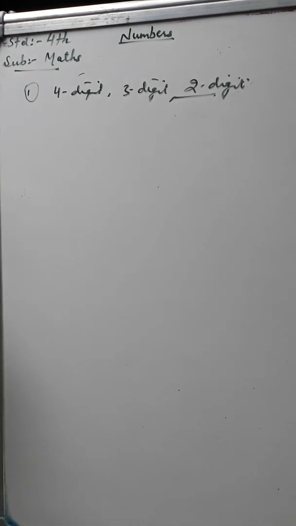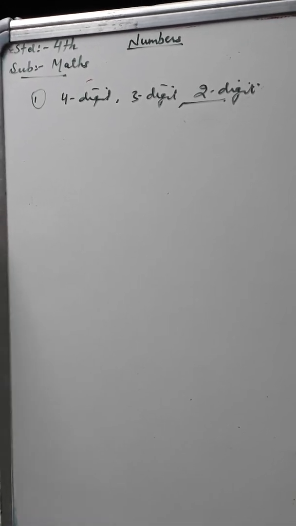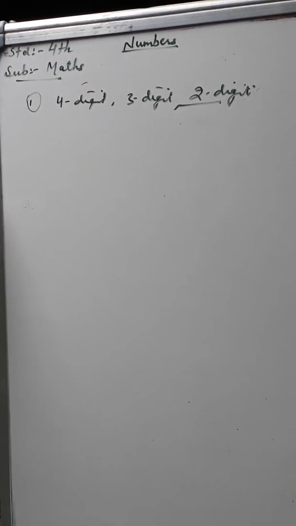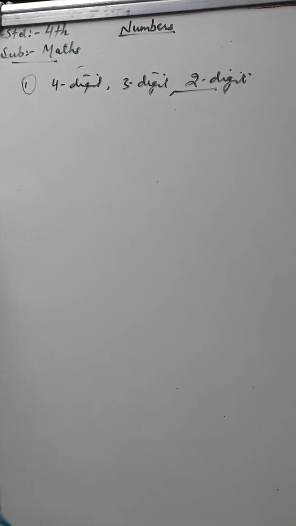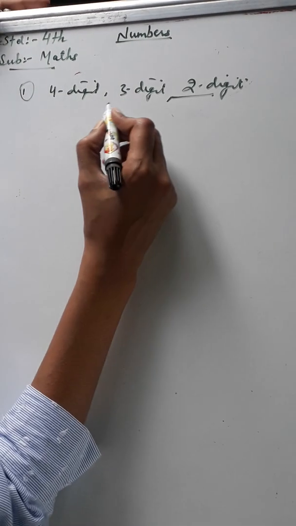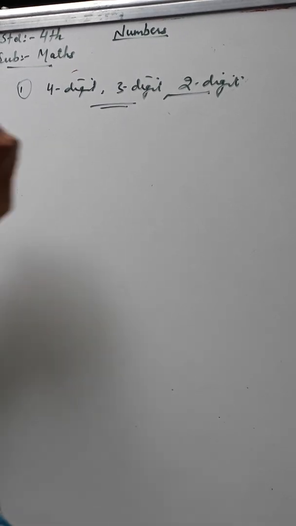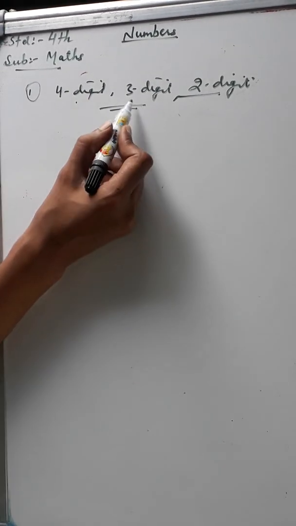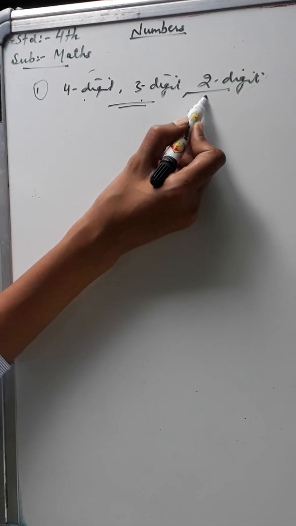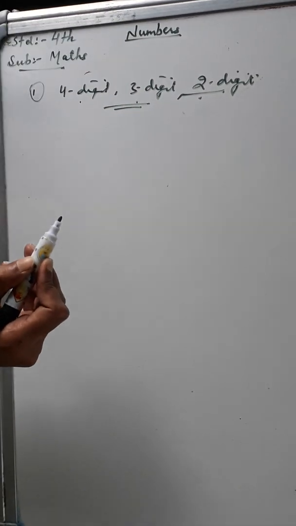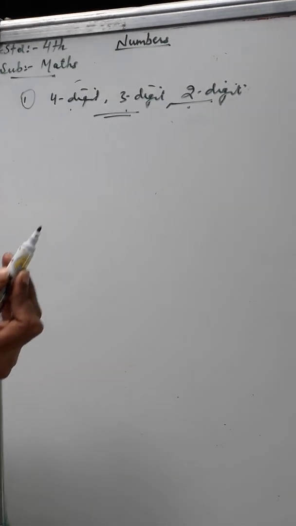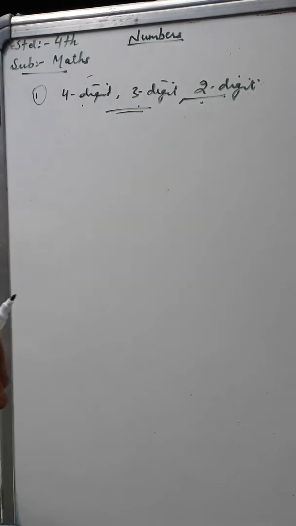How can we make numbers? Before starting this, I will tell you about some kinds of numbers: 2-digit numbers, 3-digit numbers, 4-digit numbers, 5-digit numbers, 6-digit numbers, and so on.